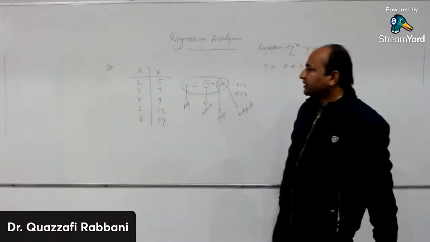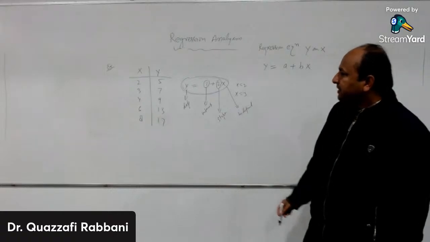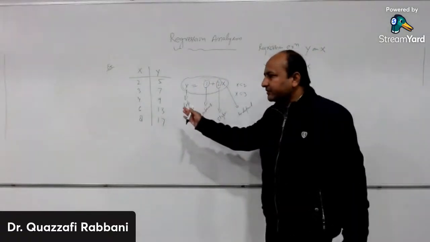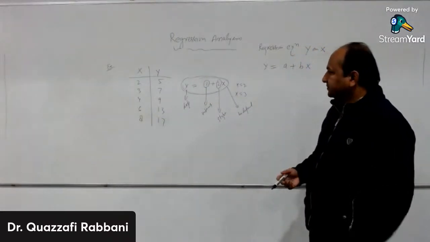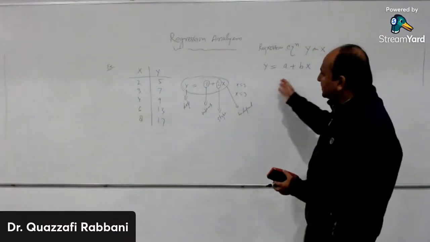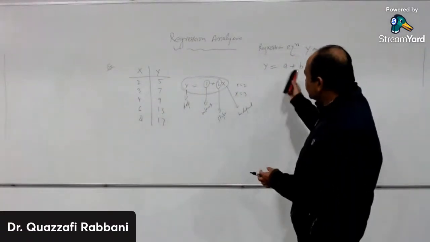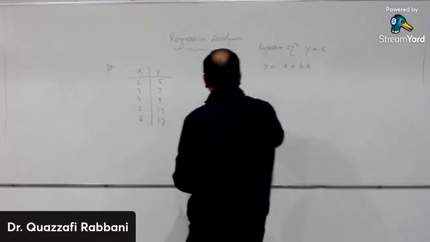If we have a large data set, then how do we find the relation between x and y, that is, the functional relationship between x and y? To establish this relation, we will use another method, and we are coming to that.